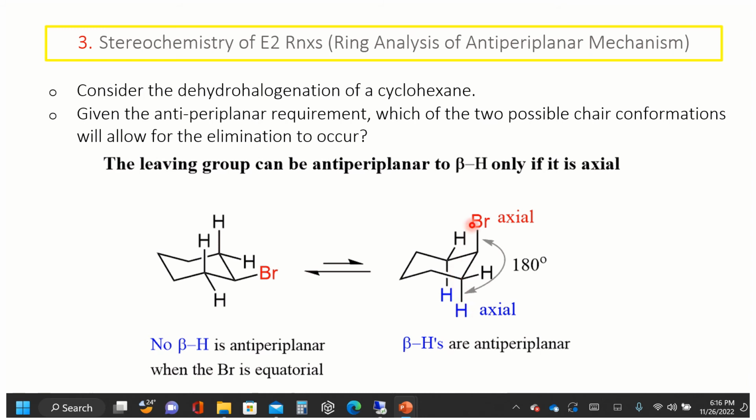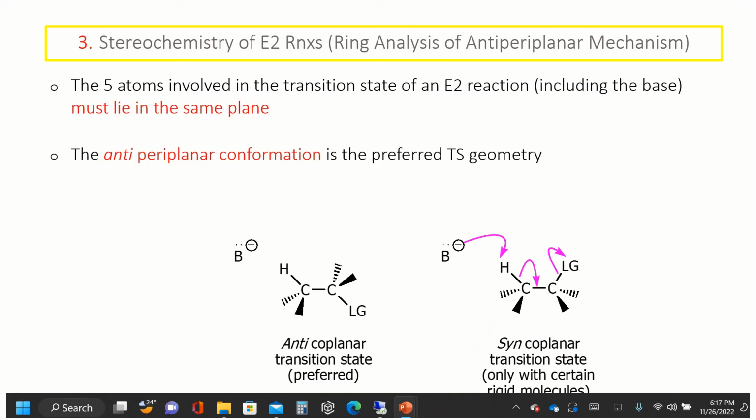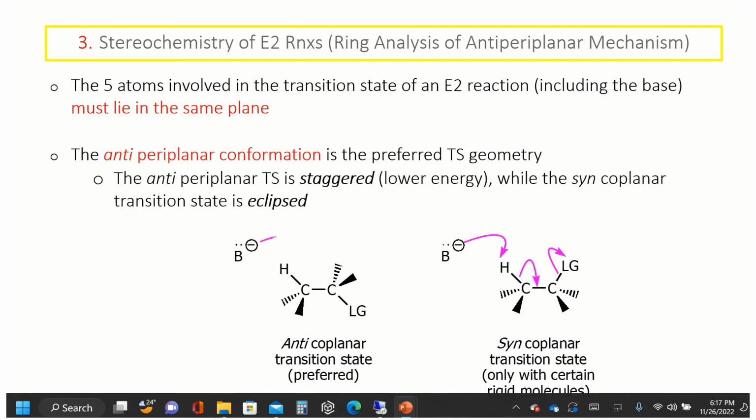Hence, anti and periplanar. Because if you look at this, when the halide is equatorial, at no time do you have a proton in the same plane. So elimination in this conformer is not possible. Here, elimination via E2 is possible. We also note that the leaving group has to be anti and not syn.